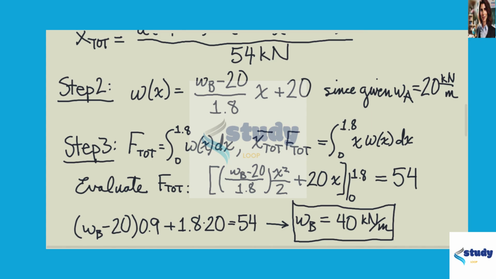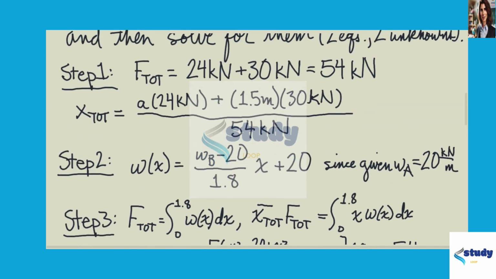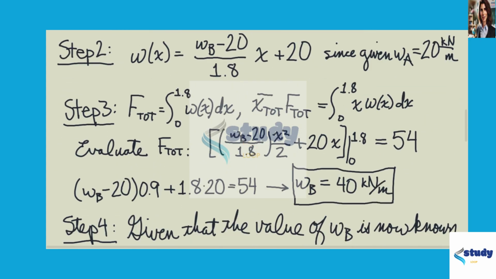We first evaluate the total reaction force, that which exactly counters the total load, evaluating our linear function that we derived here. The x term goes to x squared over 2. The constant term goes to 20x. And we're going to evaluate from 0 to 1.8. And since it exactly opposes the total load, we can put that here as 54. We're not going to worry about signs here.